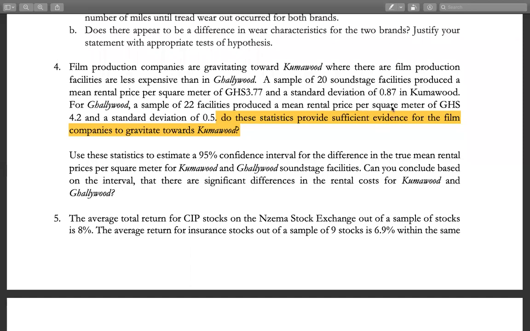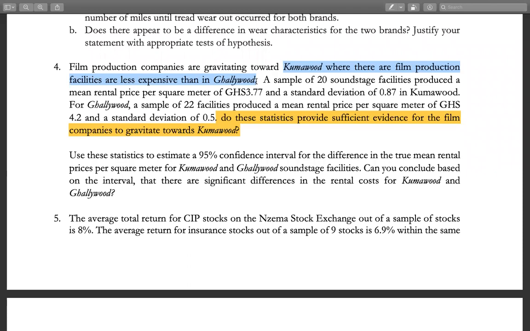So, Michael, that's the question. We want to find out, do these statistics provide sufficient evidence for film companies to gravitate towards Kumawood? We have two production companies, Gallywood and Kumawood. The claim is that people are moving to Kumawood because film production facilities are less expensive.